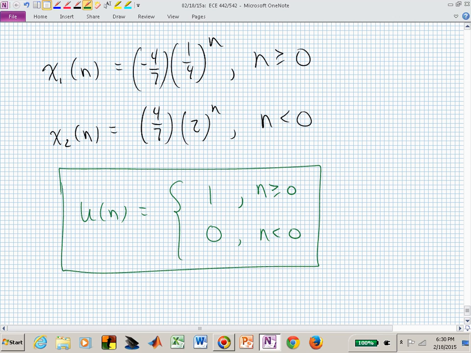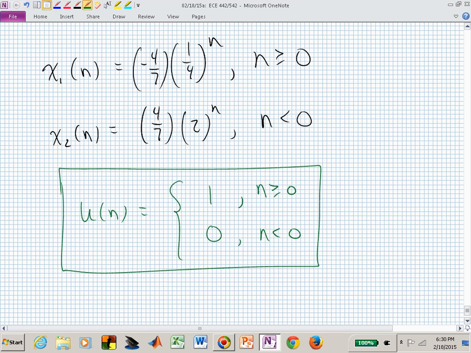I was, for some reason, thinking about the unit pulse. The unit pulse, I don't know what notation I will use, but that's 1 when n is only equal to 0. It's now no longer an impulse, it's a unit pulse for a discrete time.